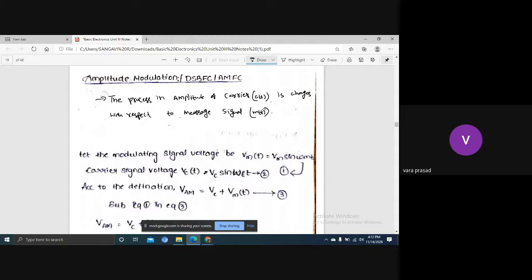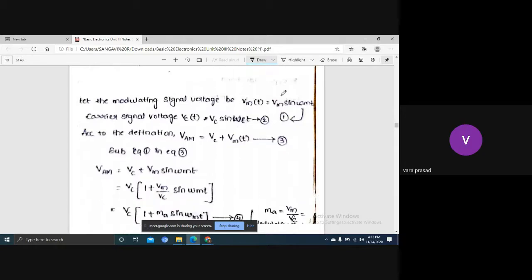The process in which the amplitude of the carrier signal changes with respect to the message signal is called amplitude modulation.